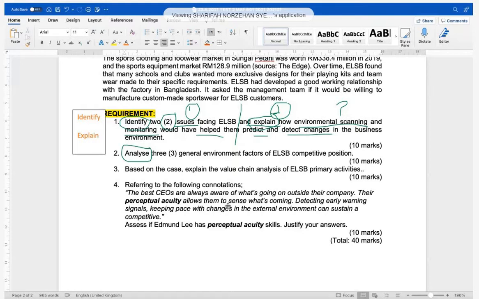This particular verb frames how your answer would be, what elements you should put in, and what elements you should not have inside your answer.